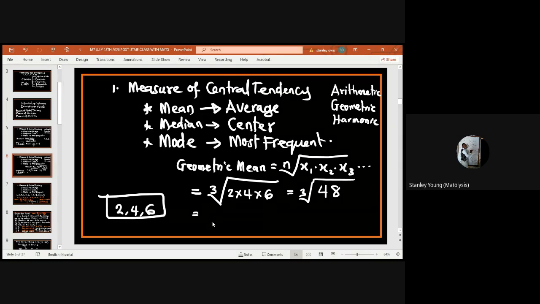You can leave it like that, or you can write this as 8 times 6. What is cube root of 8? You can tell me. Anybody? Cube root of 8, what is it? Oh, sorry, I made a mistake here.